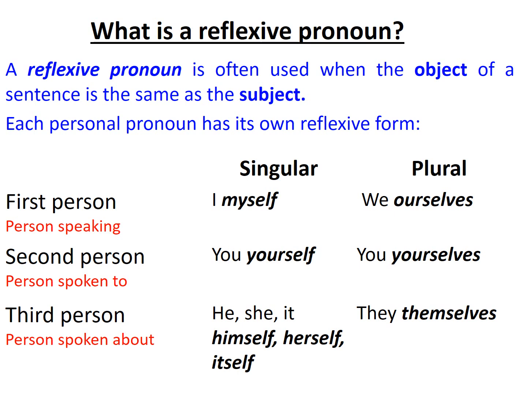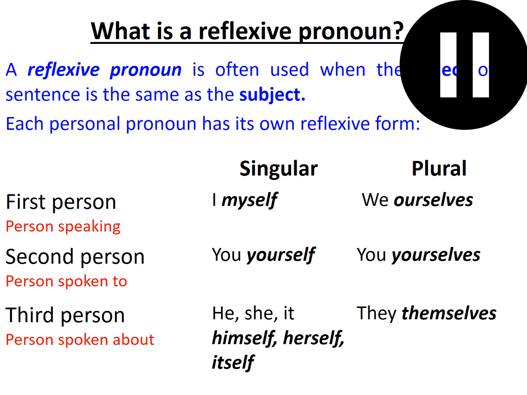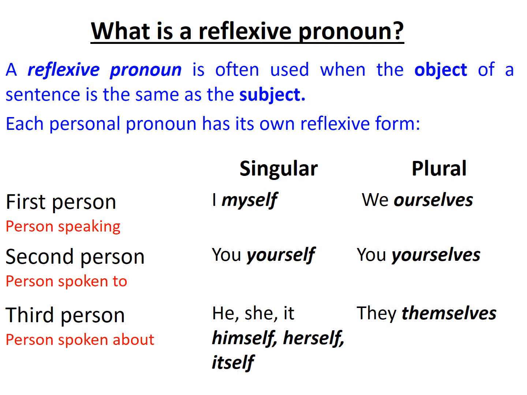If I was thinking about we as a group of people, we could talk about ourselves. If I were thinking about second person plural, you'd talk about yourselves. And if I was considering they, well, the reflexive pronoun is themselves. Hit pause to get that grid in your head.